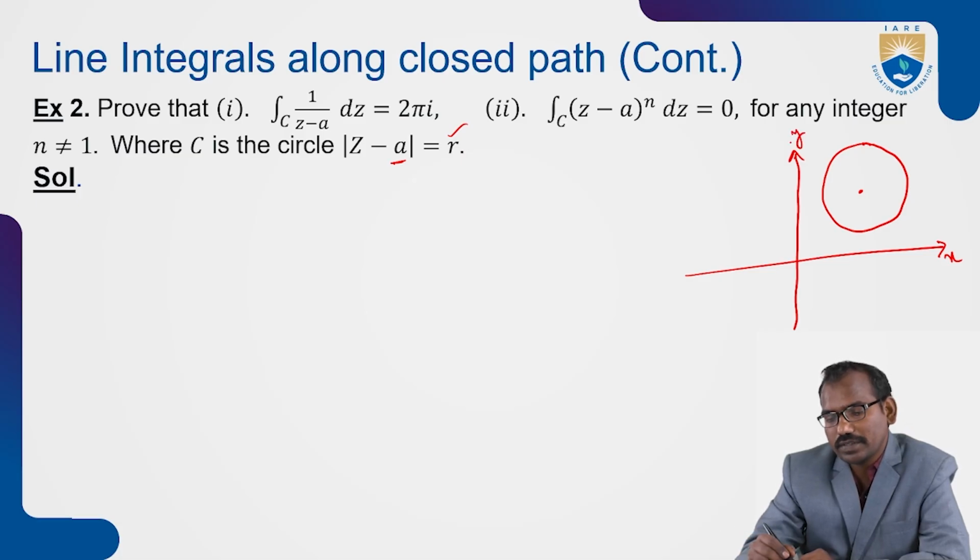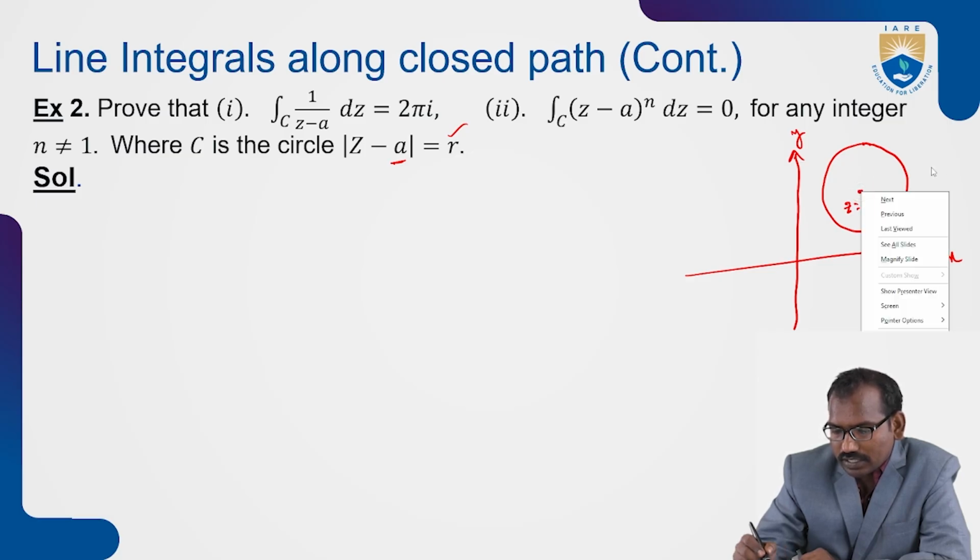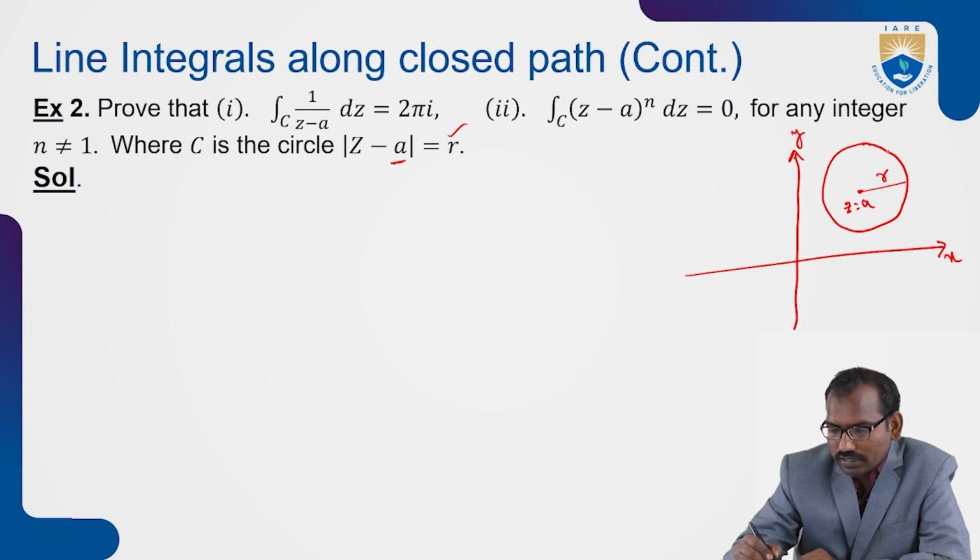It is a circle whose center is A and the radius is R. This is nothing but our curve C, which is modulus of z minus A is equal to R.